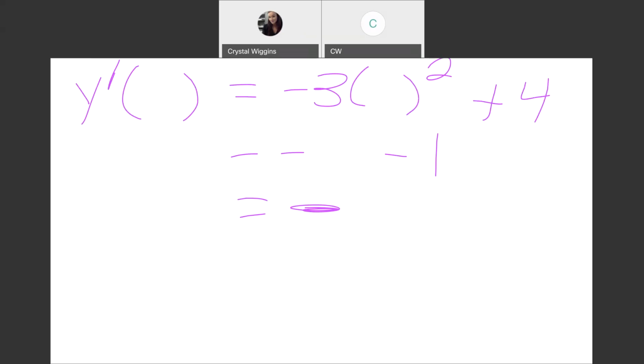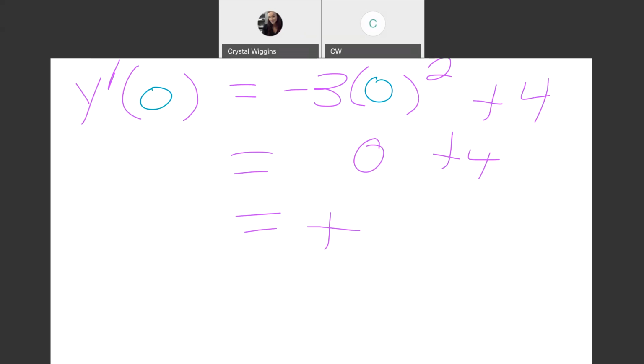Okay, now let's put our next test point in, which is 0. When we put 0 in, this term goes to 0 because the whole thing is 0, and plus 4. So we see that we have a positive derivative at the test point of 0, which indicates that the original function is increasing. Last test point, we are going to use +2.